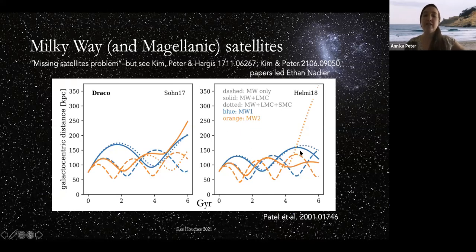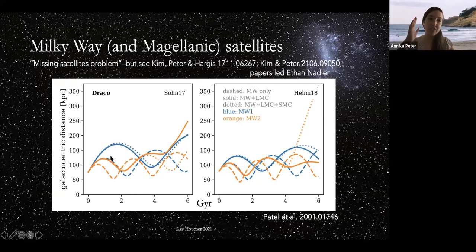And then the different line styles denote whether you've only included the Milky Way's mass model, you've included the Large Magellanic Cloud, and in the case of the dotted, if you've included all the major perturbers in the Milky Way system. And so what you find here is, depending on your mass model of the Milky Way and Magellanic Cloud system, that the orbits look quite different.